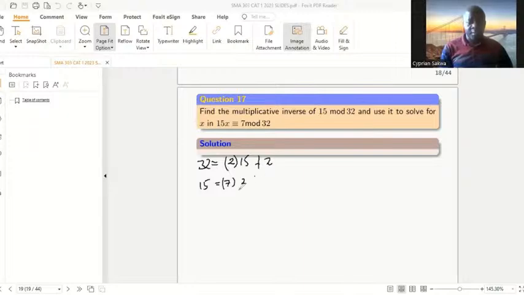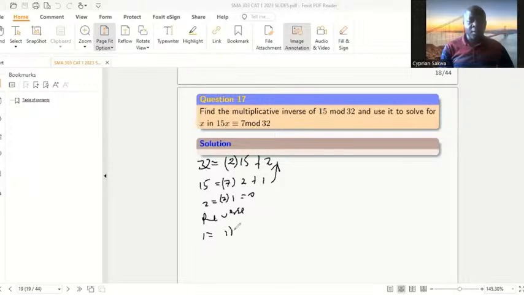The remainder will be 1. Then 1 into 2, and the remainder will be 0. Then I reverse, and make 1 the subject of the formula because it's the GCD.